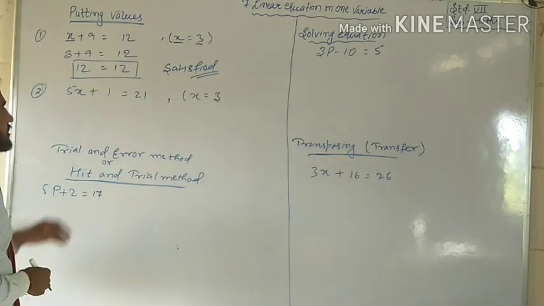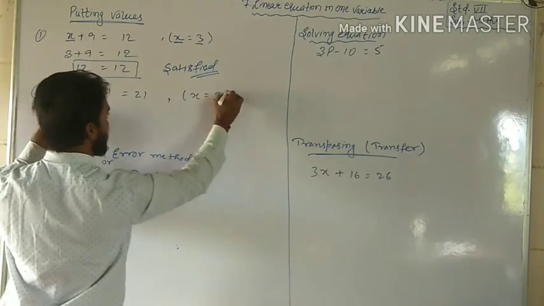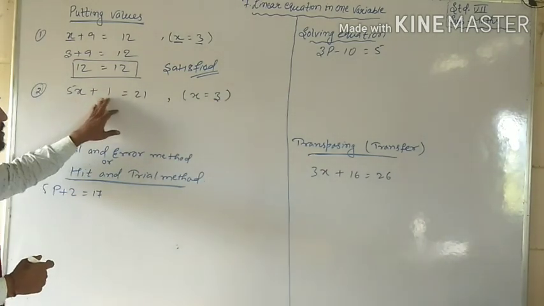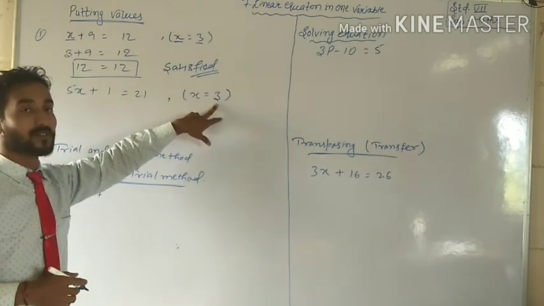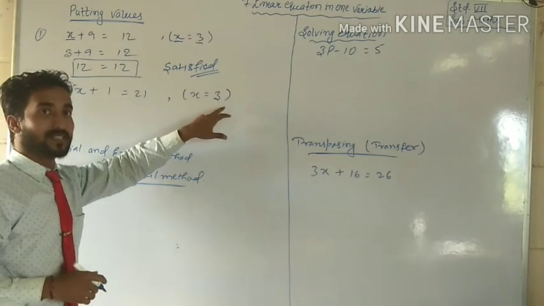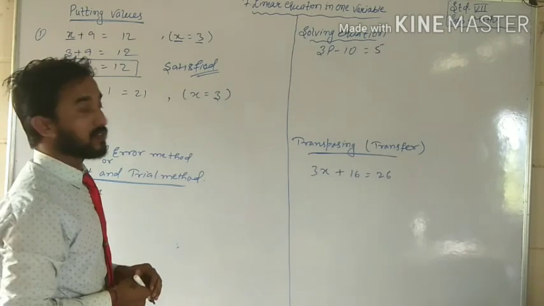Okay, students. On the same type of question, now 5x plus 1 is equal to 21, x is equal to 3. What will we do? Simple.